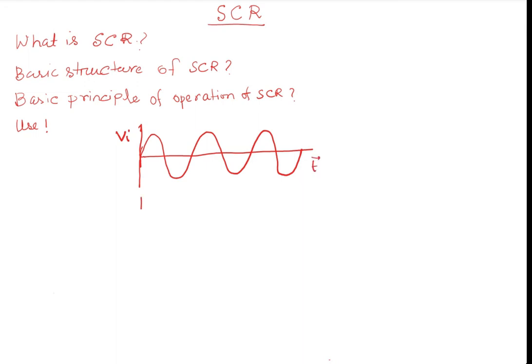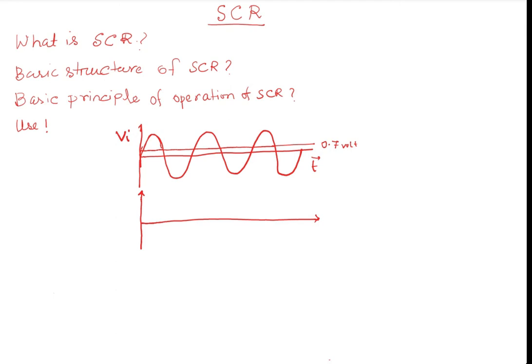If it is a full wave or half wave diode rectifier, for example a half wave diode rectifier, this is my cutoff voltage of the diode. Suppose it is a silicon diode, 0.7 volt. So beyond 0.7 volt in the positive region, it will conduct, and again in this region it will conduct.